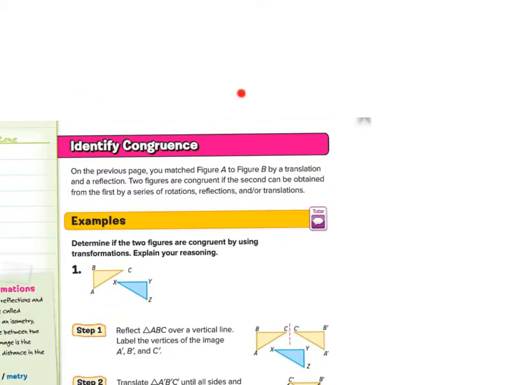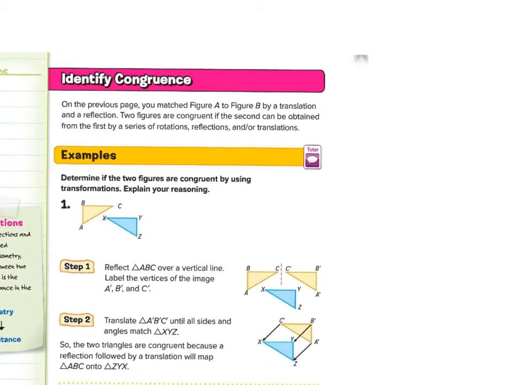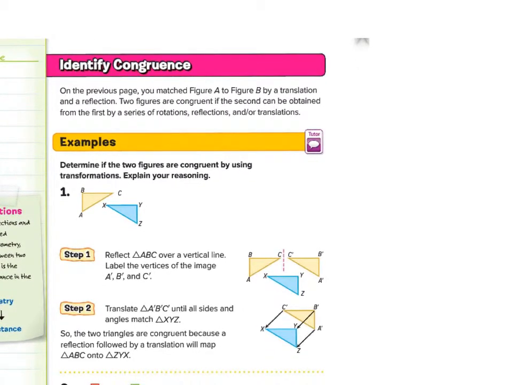On the previous page, you matched figure A to figure B by translation and a reflection. 2 figures are congruent if the second can be obtained from the first by a series of rotations, reflections, and/or translations. In other words, if you can move it around and they both create a match, then there is congruence.